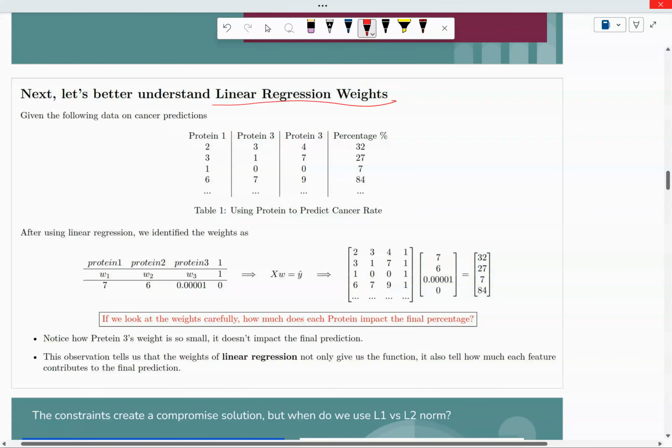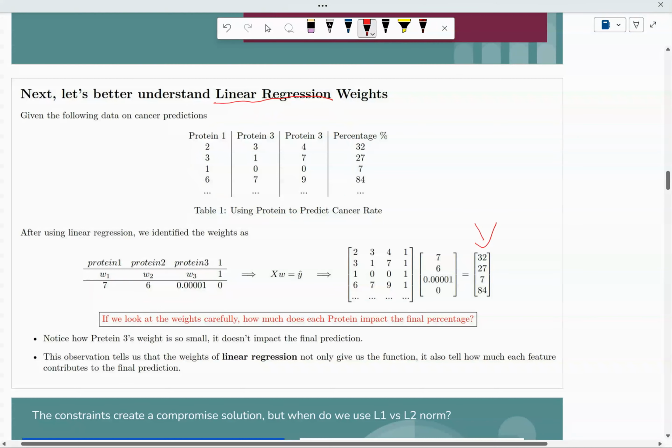So let's say we have this data set, and given these three proteins, we want to predict the percentage of somebody getting cancer. Okay, now after we use linear regression and we solve the weights, it turns out that the first weight is 7, 6, and 0.00001. This implies that when you multiply the weights by the data, it will give us the prediction.